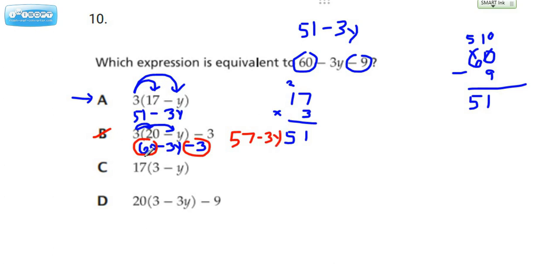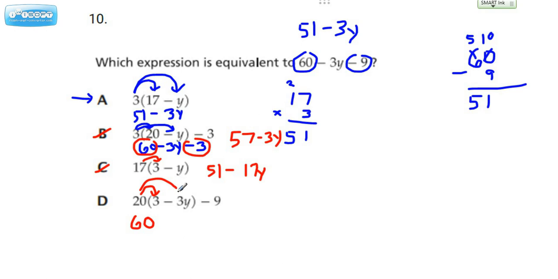Now let's make sure that we can eliminate this choice if we distribute this. We already know that 17 times 3 is 51, so let's write that over here, and we'll copy the subtraction sign. And if we do 17 times y, we're going to get 17y. That does not match what we have here, so we would reject that. Over here, if we do this, we're going to get 60.